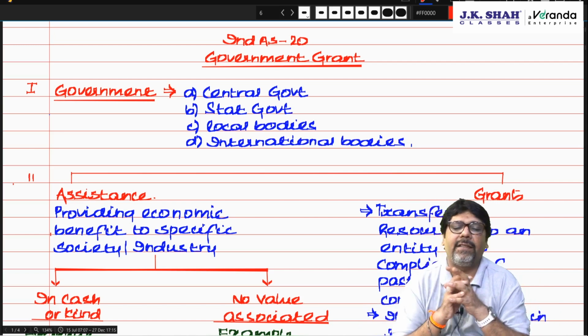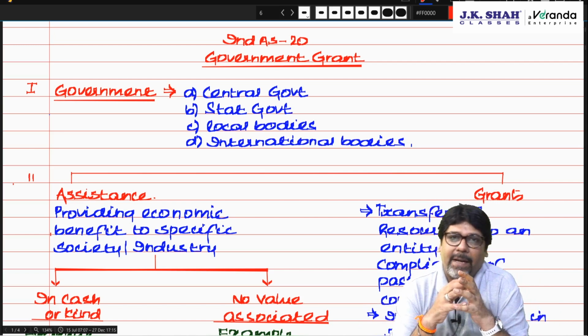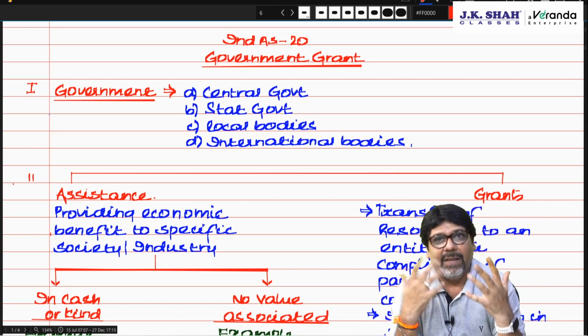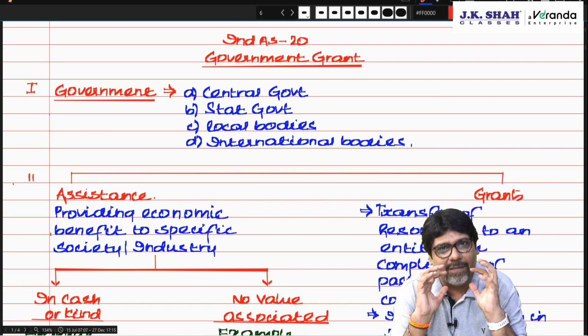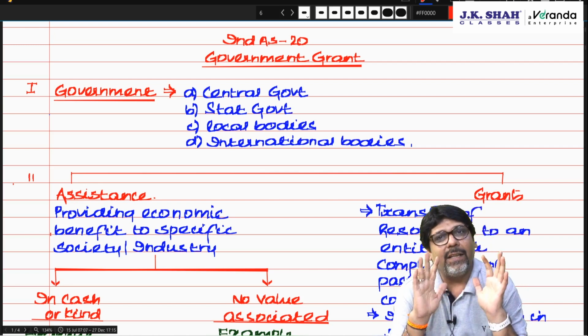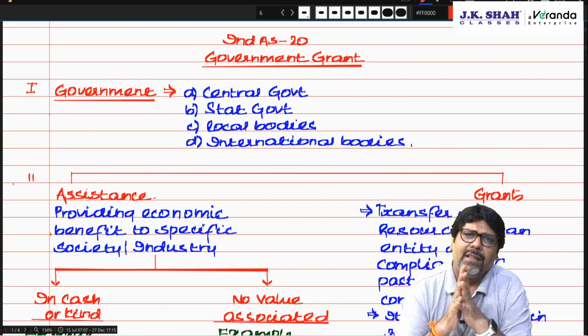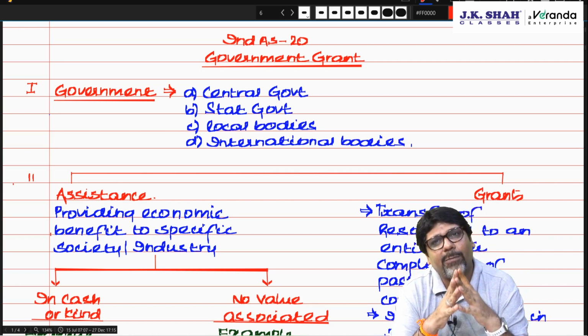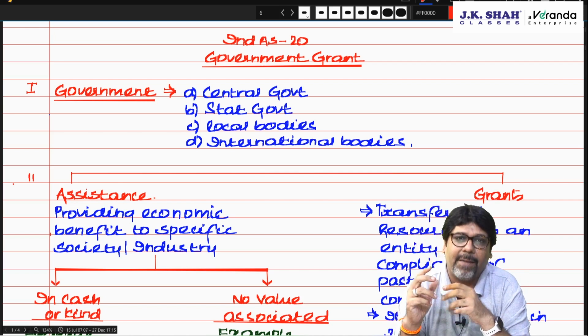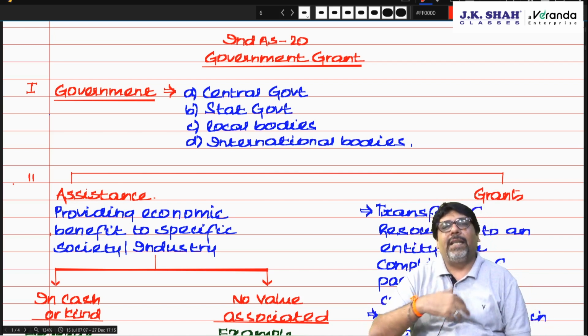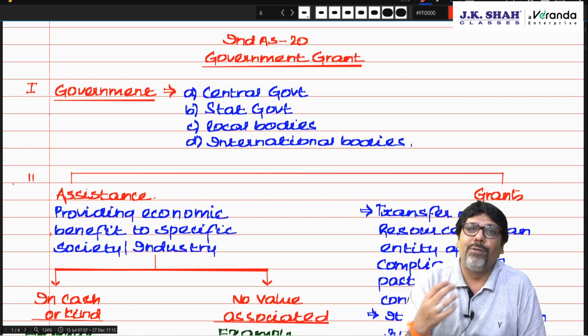But chartered, if it is a facility which is provided by the government but which cannot be valued in terms of money, which you cannot find out the value associated with it, then we'll not account for it, but we'll just write in our notes to accounts what are the helps we got from government. Like example, it was becoming very popular, ease of doing business.